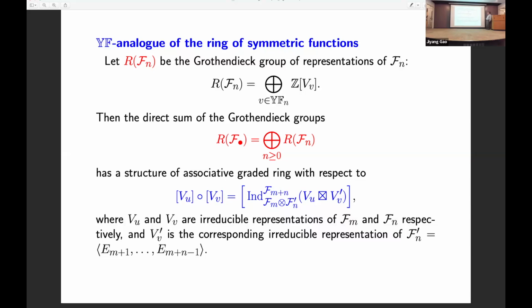Then this also has an associated graded ring structure with respect to the induction of modules. Take the outer tensor, then induce from Fm times Fn to F(m plus n). So this is the construction of the symmetric case.